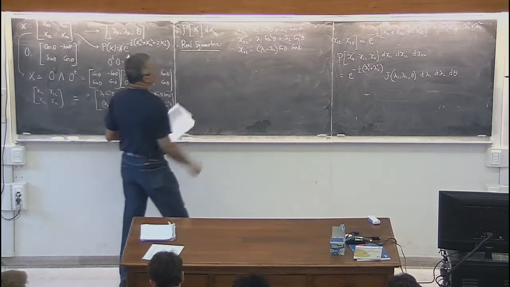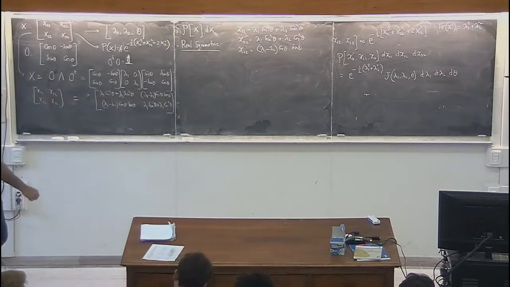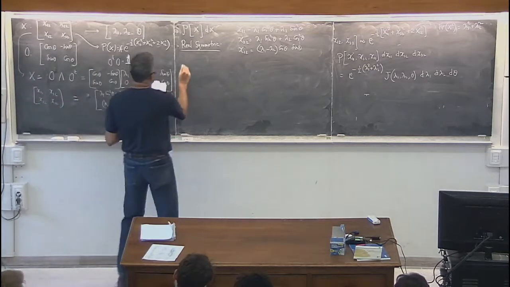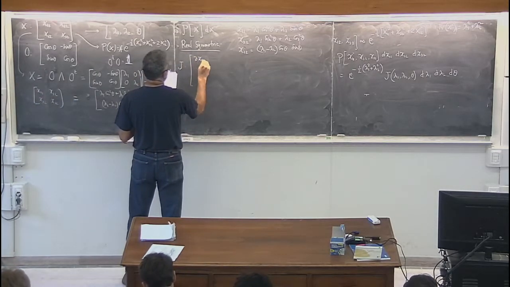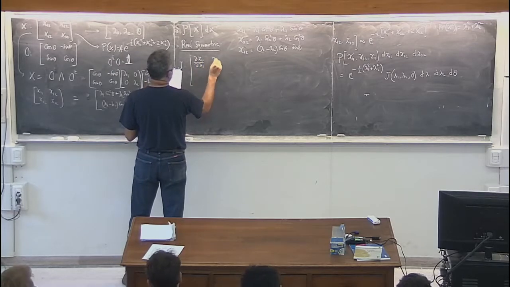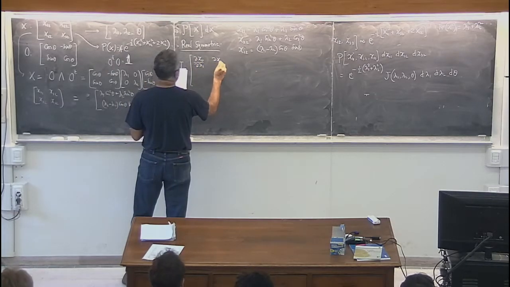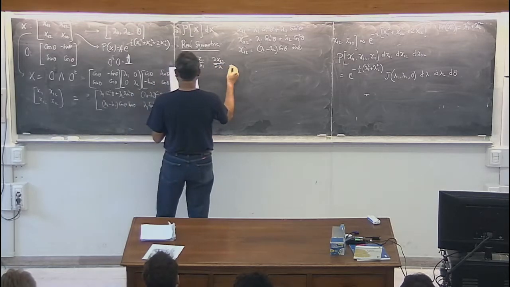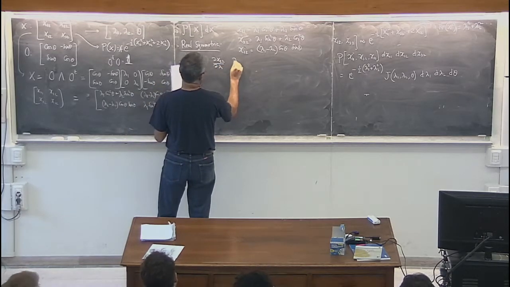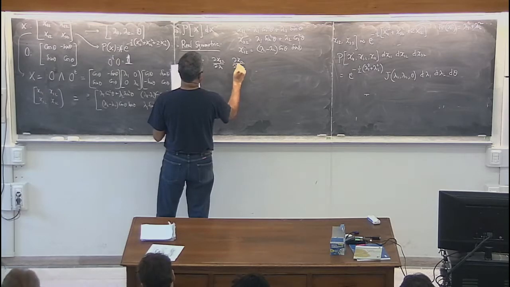So this is my relation, change of variables, right? So the Jacobian is just del x11 del lambda 1, del x22 del lambda 1. Okay, I'm writing it this way, but it doesn't have to be.